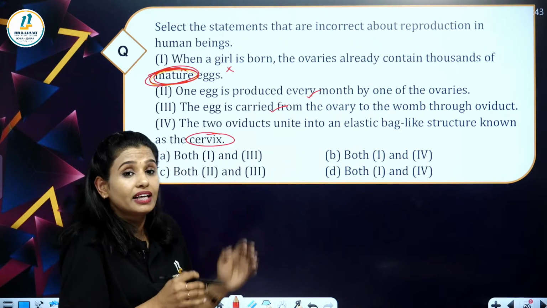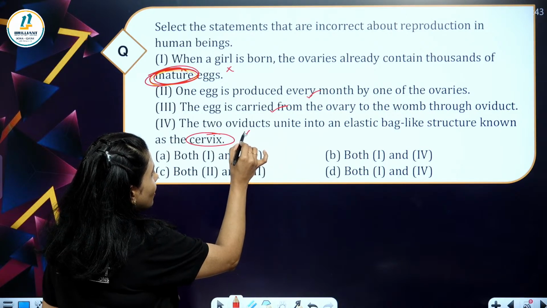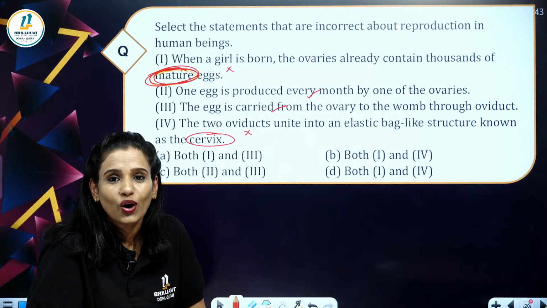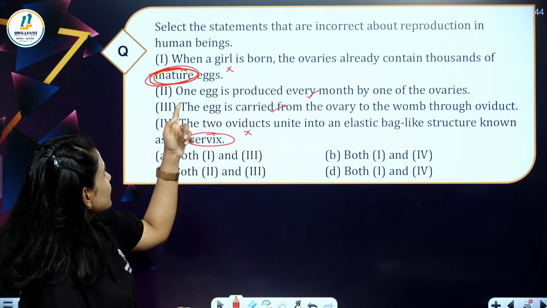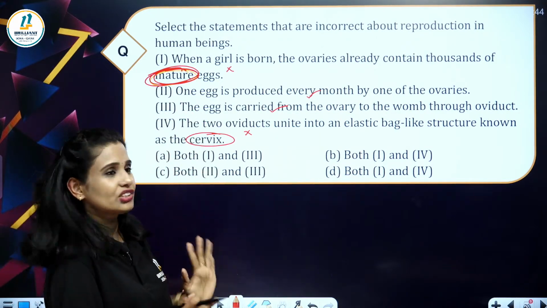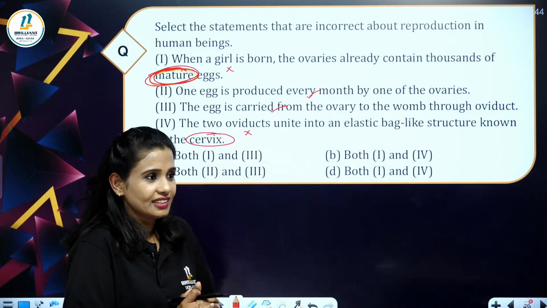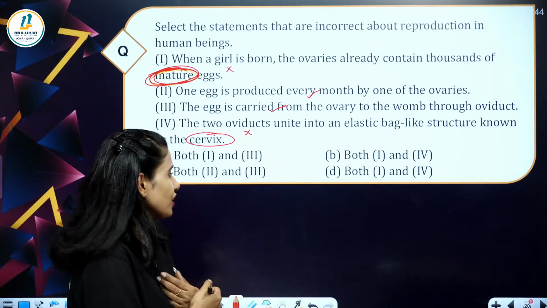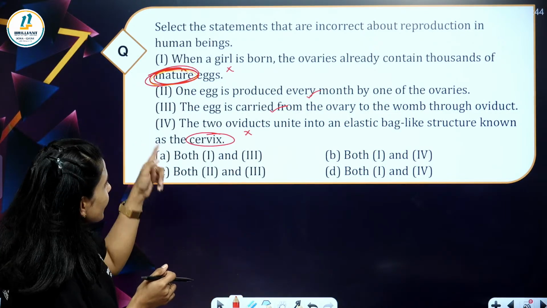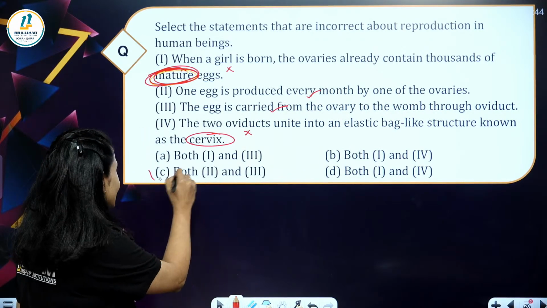So this statement is wrong. So from this, we can see that second and third statements are correct about human reproduction. Here you can see second and third statement, it is given in option C.